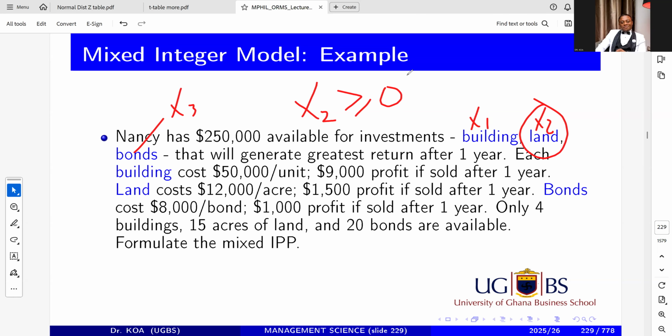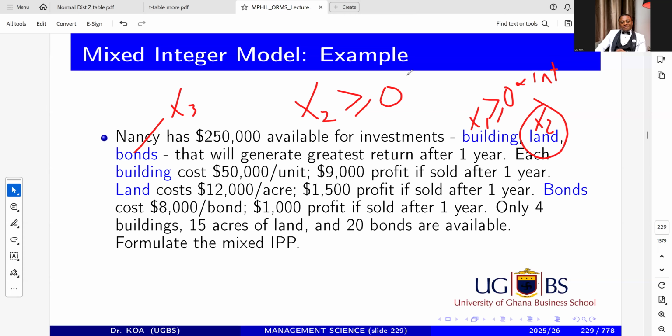Yes, Doc. Because with uncompleted, there are multiple degrees of uncompletedness, which makes it very complex. So building will be a whole number. So X1 will surely be greater than or equal to 0 and integer. So that one will be an integer. What about bonds?